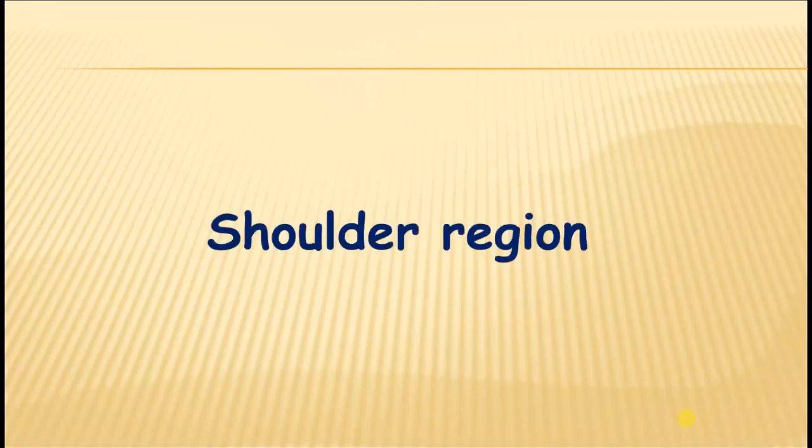This is Dr. BK for you with another lecture on the upper limb, that is the shoulder region. So today we are actually going to discuss about the shoulder region in detail. So in this lecture we will be mainly discussing about the deltoid muscle.